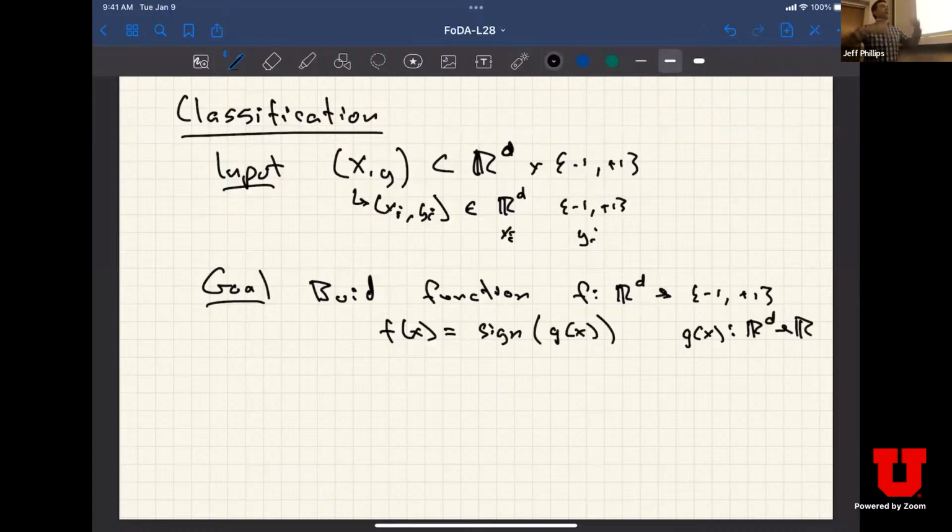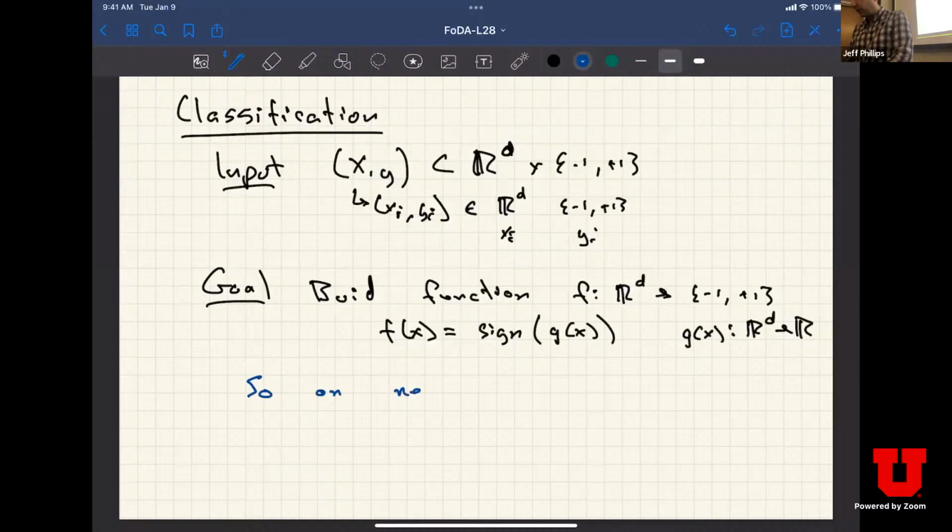If g of x for this point is positive, we're going to predict it's a +1. If the value is negative for that x, we're going to predict a -1. That's what we've worked at so far. The first two methods we're going to look at are going to directly build this function f of x, which is just giving us the sign. It's not doing this proxy function first that we snap to the sign, positive or negative, to get the class. Okay.